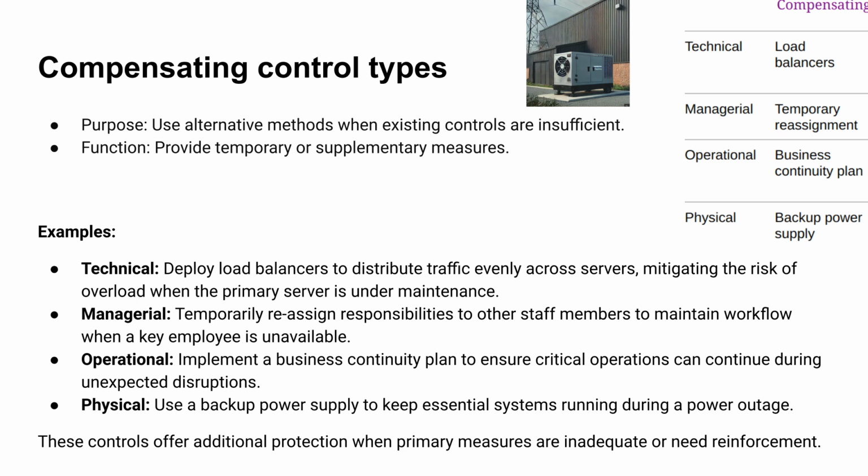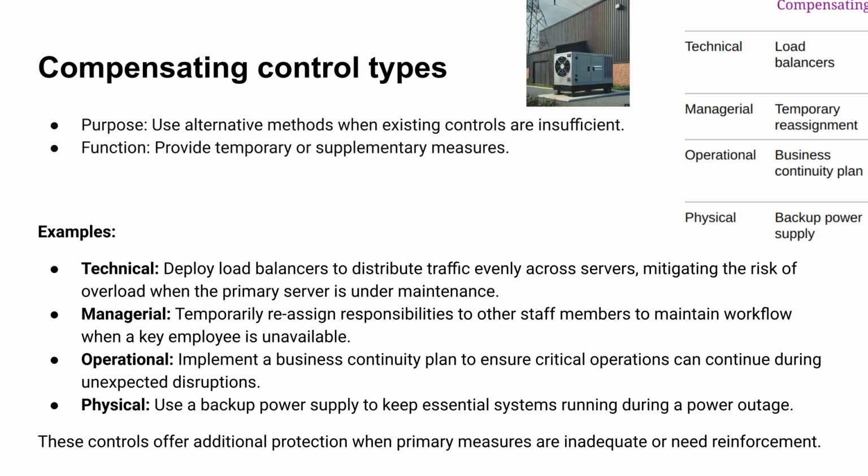For instance, if your systems are at risk of overload due to maintenance or failure, deploying load balancers can help distribute the traffic evenly, ensuring continued service availability. Similarly, if a key employee is unavailable, temporarily reassigning their responsibilities to others can maintain operational continuity.